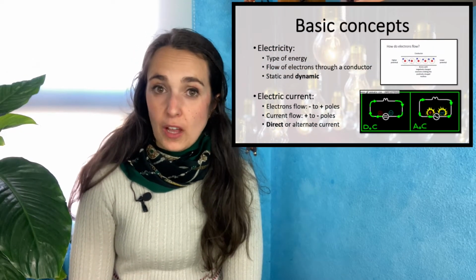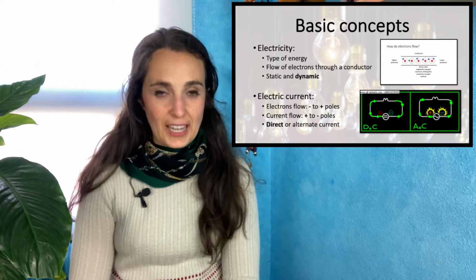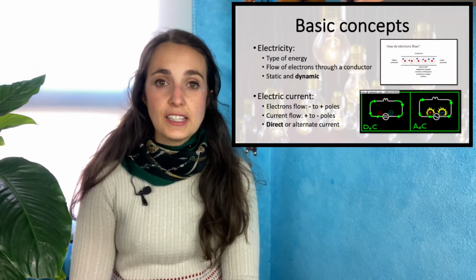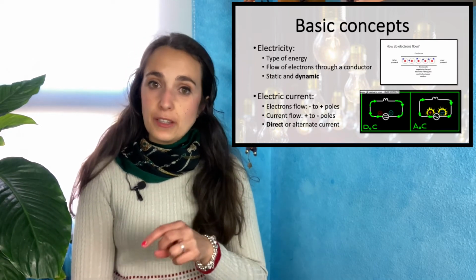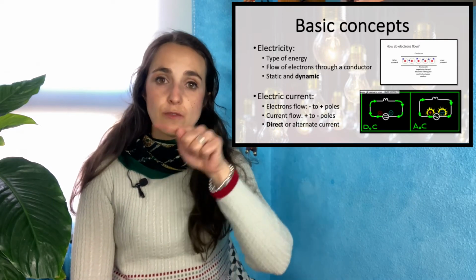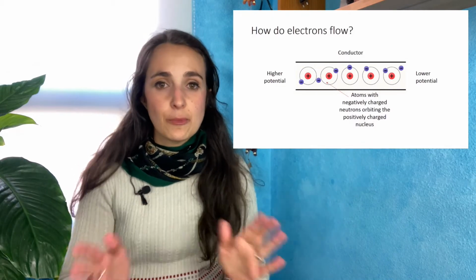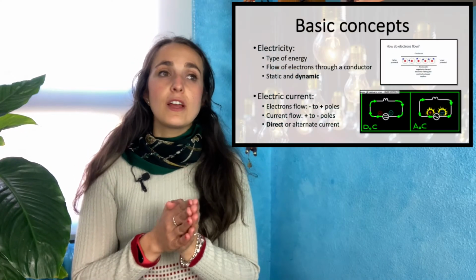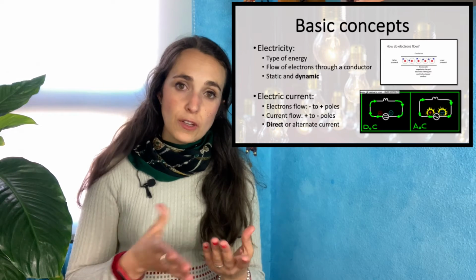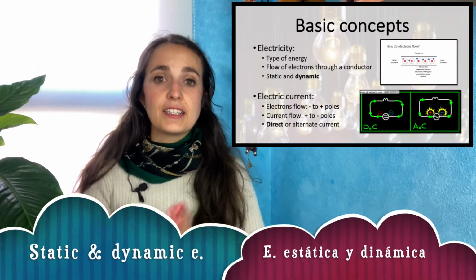Electricity is a type of energy, electrical energy, and in reality it's just electrons jumping or going through atom to atom like in a flow. Okay, so this is simply electricity, and we can have two main types of electricity, which are static and dynamic.